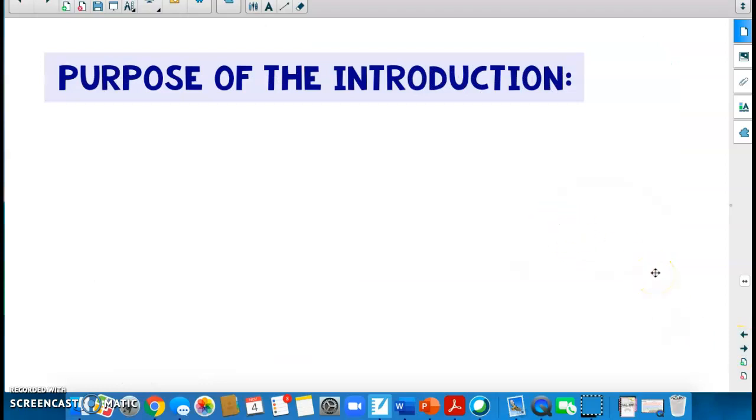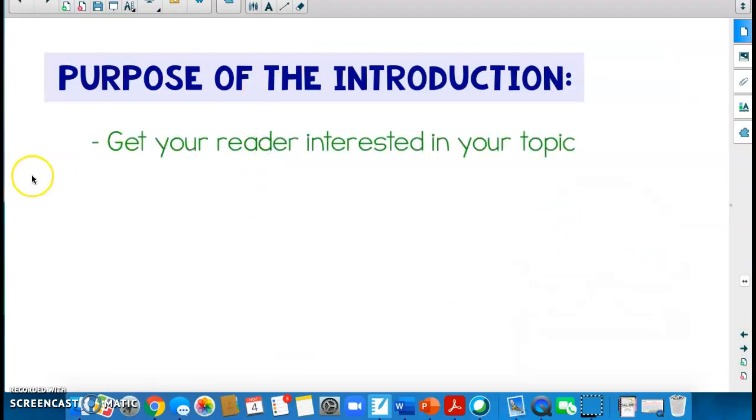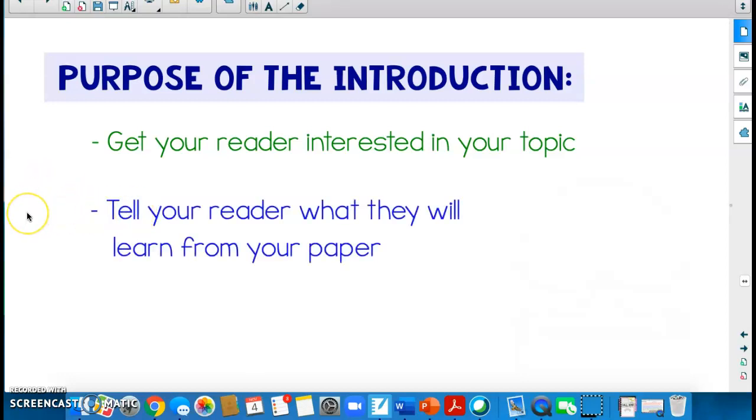First, the purpose of the introduction is to get your reader interested in your topic. That's the very first thing that you want to do. Once you've got them hooked, then you're going to tell your reader what they're going to learn from your paper. You need to give them a little bit of information about what storm you are going to be writing about in this case, and what details about the storm you are going to be giving.